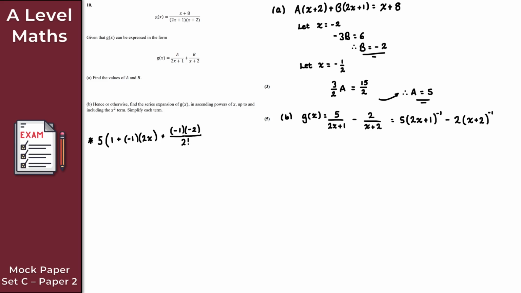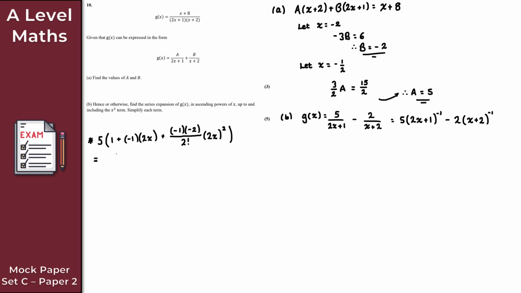And what we do here is we times this by 2x all squared. Okay. We're only going up to the term in x squared, or the x squared term. So that's absolutely fine here for the series expansion. Okay. So we'll close that bracket and let's just quickly simplify this here.